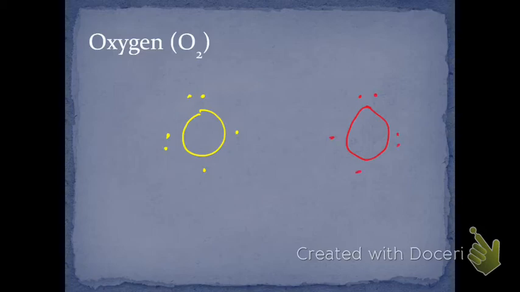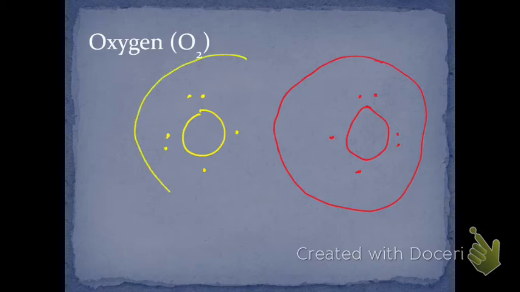Okay, so oxygen has 6, which means it needs 2 more electrons. So let's just start sharing. Say here is our sharing space, where bonding will occur. We'll move one of these electrons to the middle, and then we move this one to the middle.